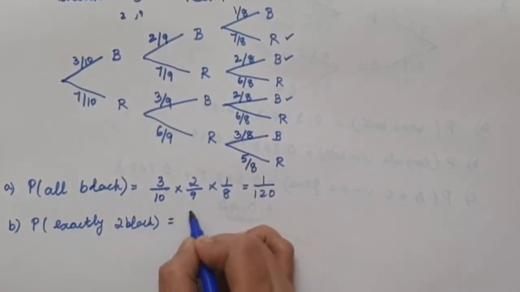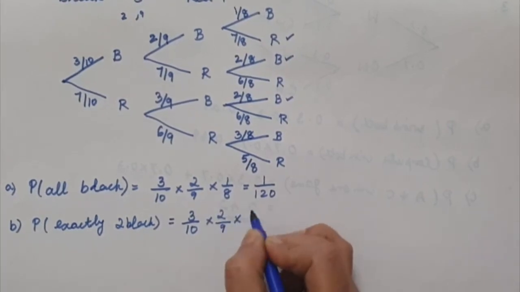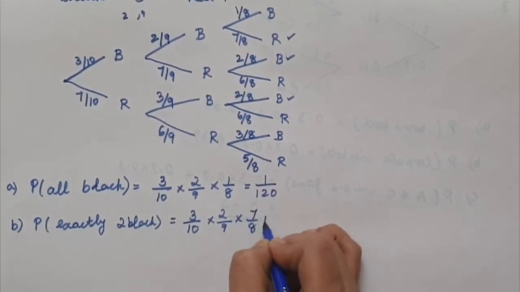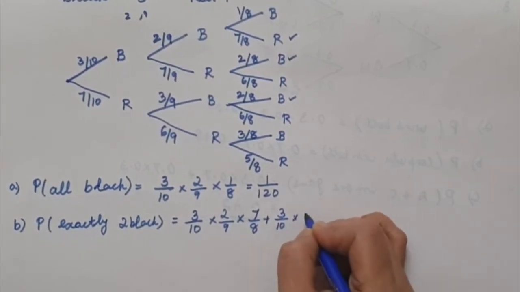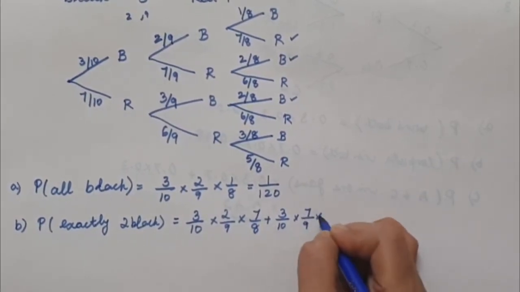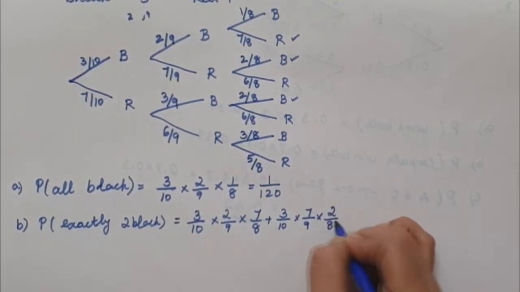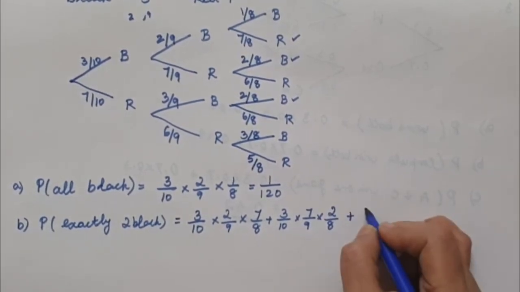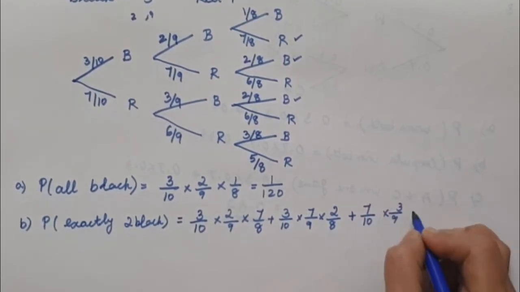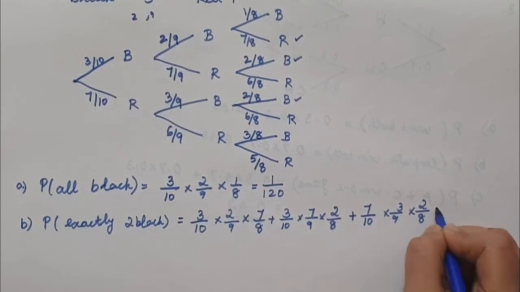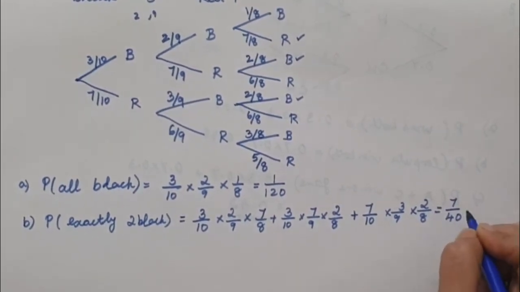So it will be 3 over 10 into 2 over 9 into 7 over 8 plus 3 over 10 into 7 over 9 into 2 over 8 plus 7 over 10 into 3 over 9 into 2 over 8, which will give us 7 over 40.